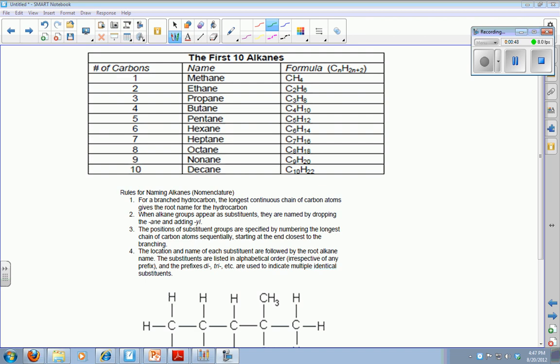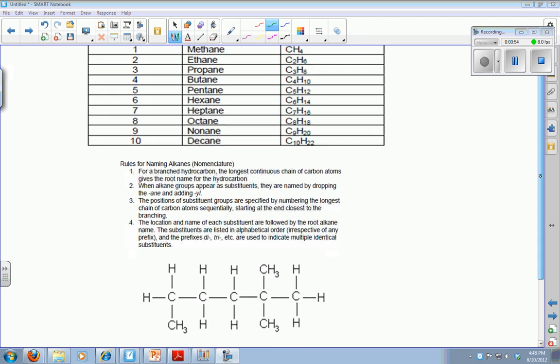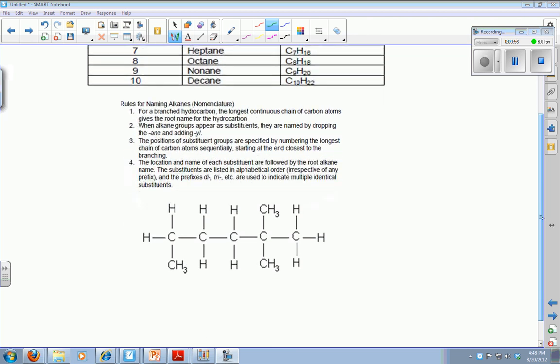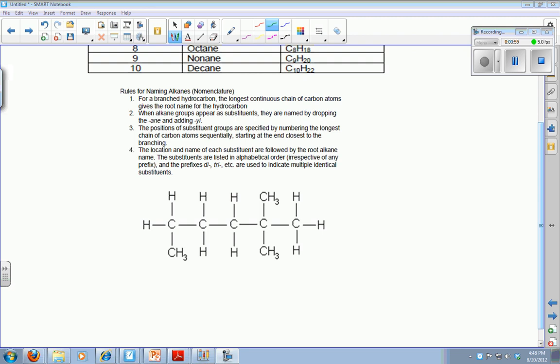Let me go through the rules for naming these hydrocarbons and work one example as I go. The first rule is, for a branched hydrocarbon, the longest continuous chain is what you give the root name. So the first thing we need to identify is our longest chain.